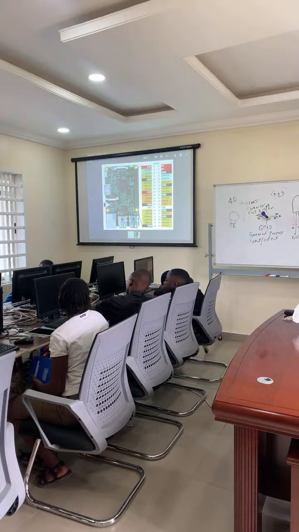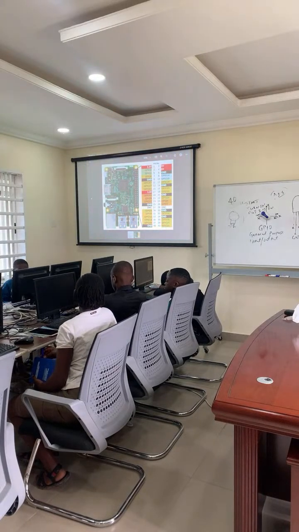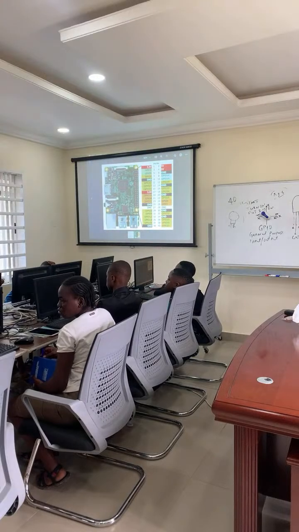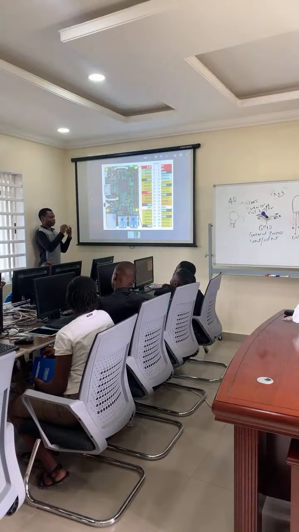So fifth on the left, 1, 2, 3, 4, 5. This is the left and this is the right. Okay. So the other one, wait, I've not put my own. This one on the left. 1, 2, 3, 4, 5.